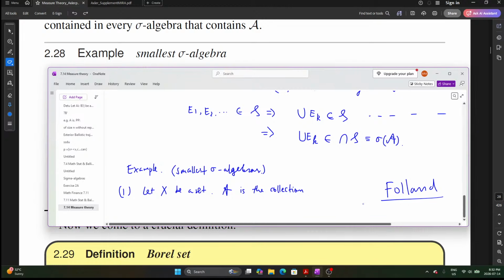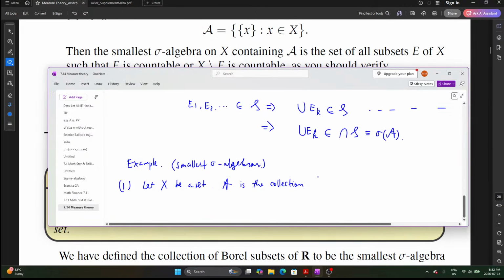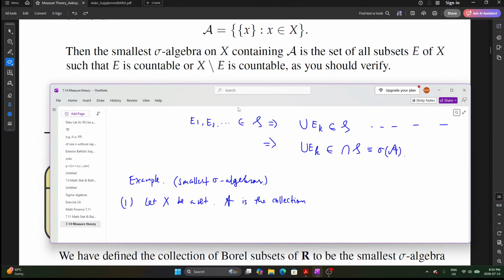Isn't that guy in Norway, Folland? Okay, I have no clue. Okay, yeah. So Folland has this habit of leaving a lot of exercises in a text, just to avoid redundancy. The book is not very long, considering the content it contains, but it's certainly very terse.